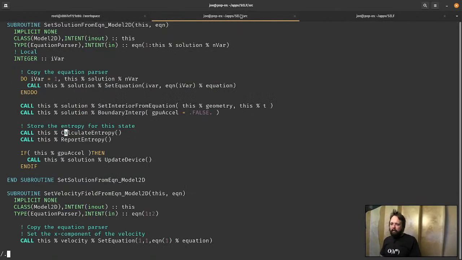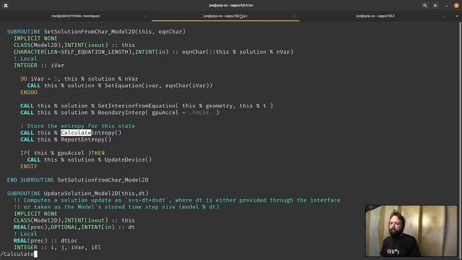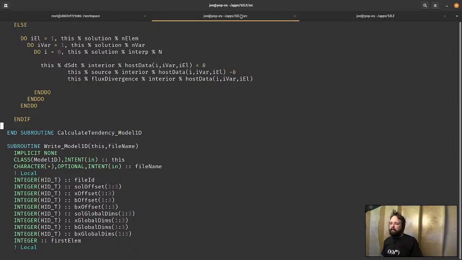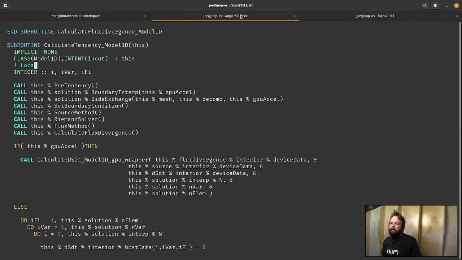Now, in terms of how things get forward stepped in time, there's a method, and I'll show you the one in 1D since we're doing 1D stuff today. This workflow you get for free if you do a type extension of any of these model classes. So you don't have to worry about making sure that you're making the right steps to do the forward integration.